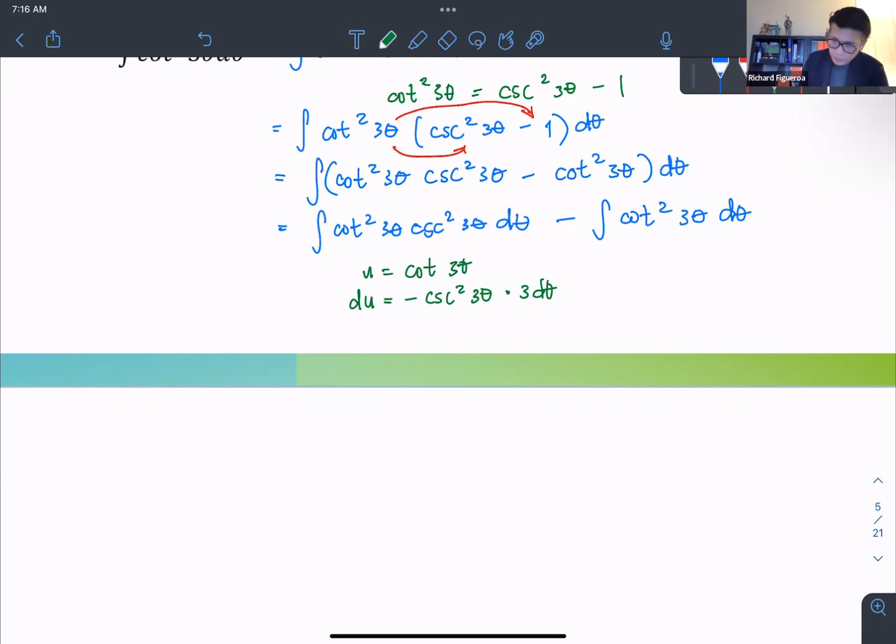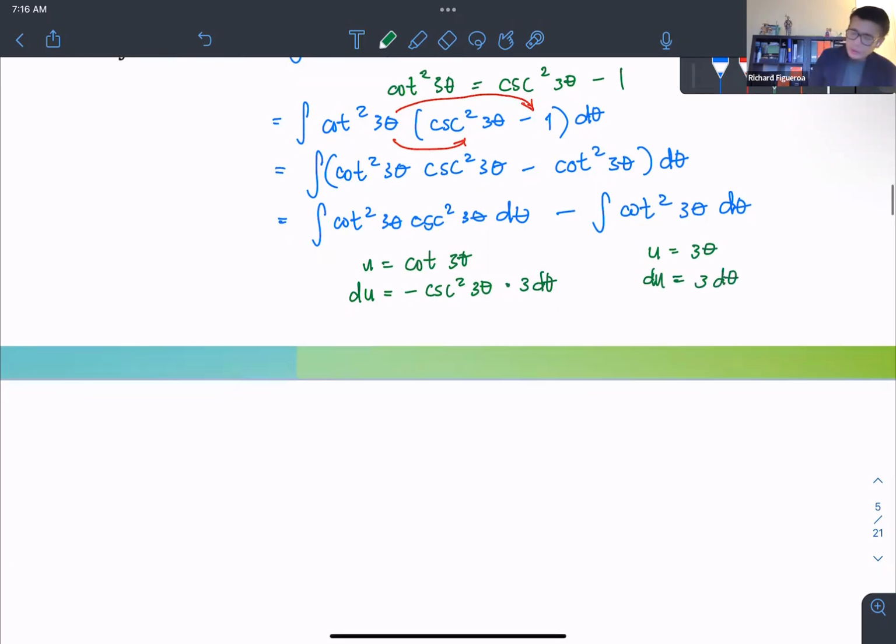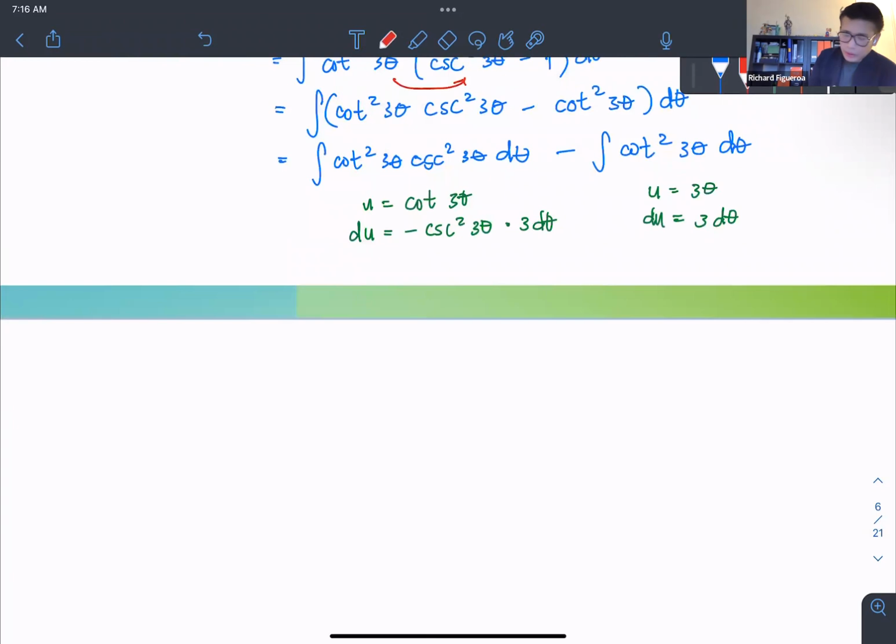And then for the other one, so cotangent squared has an integral, right? But our u here, it's 3 theta. So our du would be 3 d theta. So now, what are we going to use? For the first one, we use u raised to n du, u raised to n plus 1 all over n plus 1 plus c.